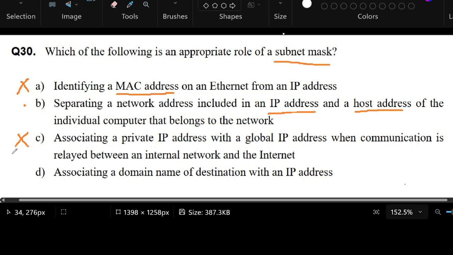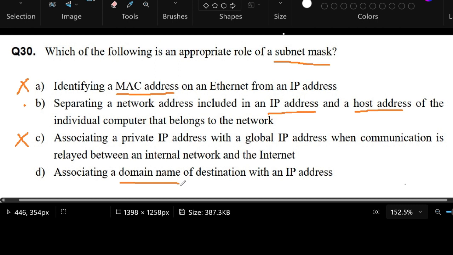And then we have, for letter D, associating a domain name of destination with an IP address. You can put the domain name, but you don't necessarily need subnet mask to do that.